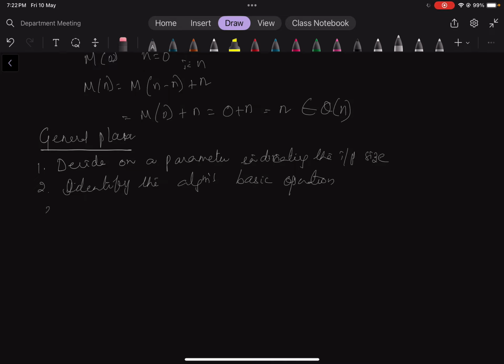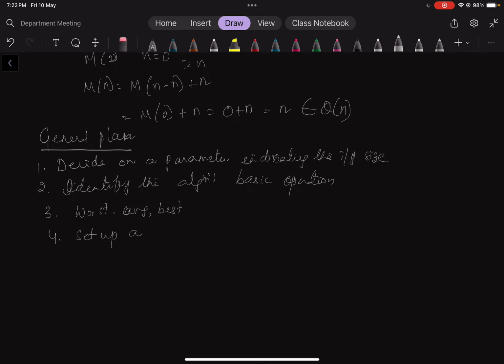Next, check whether the basic operation depends on the worst, average, and best cases or not. Otherwise, only one case will be taken into consideration. Next, we set up a recurrence relation, because this is the extra step in recursive algorithms, whereas non-recursive algorithms don't have this step.